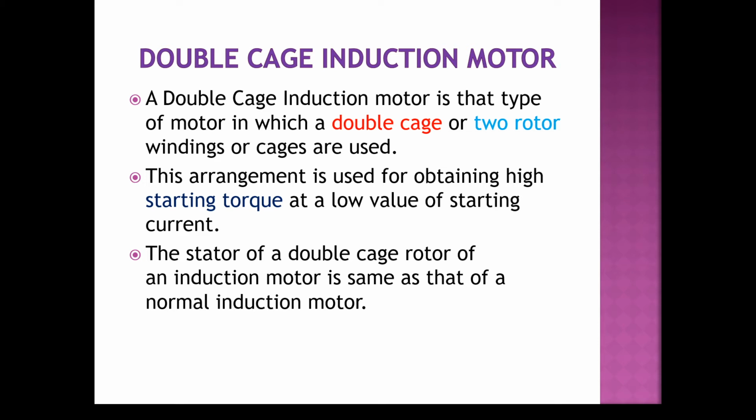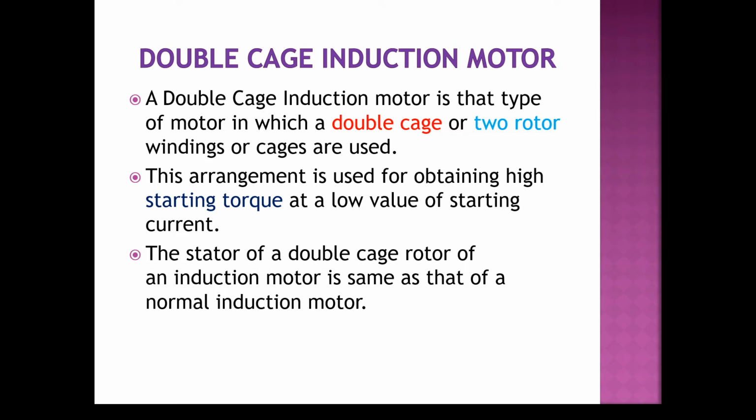The outer cage bars have a smaller cross-sectional area than the inner bars, and they are made of high resistivity materials like brass, aluminium, bronze, etc., whereas the inner cage bars are made of low resistance copper.